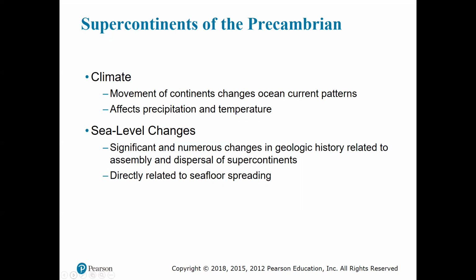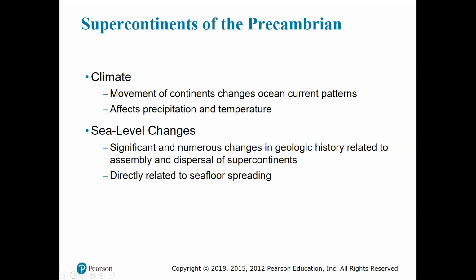So the movement of continents from one supercontinent into individual pieces and back to another supercontinent changes the patterns of ocean currents as well as global winds. Now, ocean currents and winds greatly affect temperature and precipitation. And we'll talk more about why that is when we get to our chapters on weather.